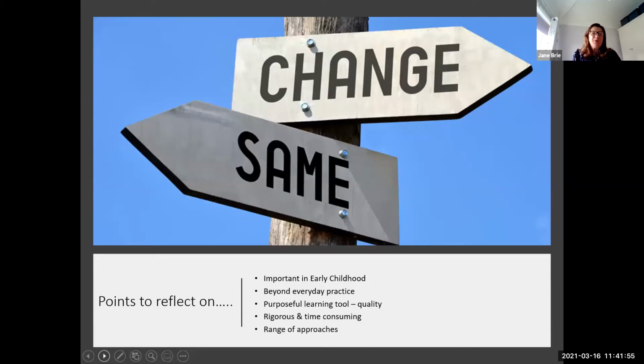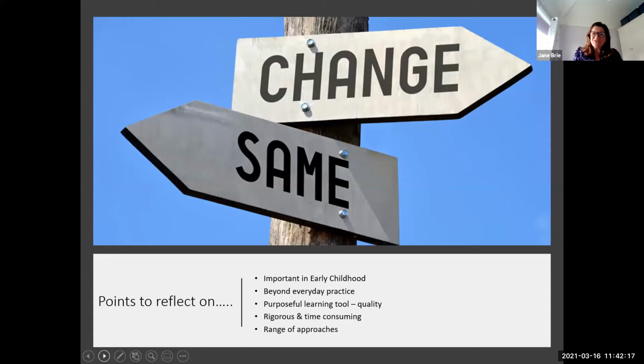So going back to the point earlier on, it can be time consuming if you're sitting in a classroom or in an educational setting or a caregiving setting, because we have to be careful not just to always talk about education, especially with very young children. That's really important as well.